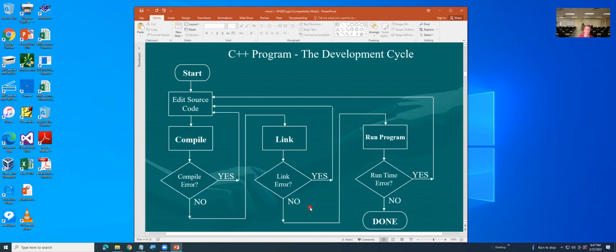Now, this is the development process for software, applying to everyone, every engineering field, anyone who wants to learn software. First thing, you start here, and now you go to edit the source code. What does that mean? What do you do?